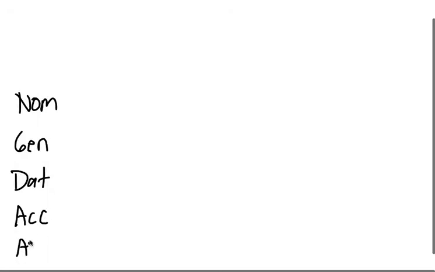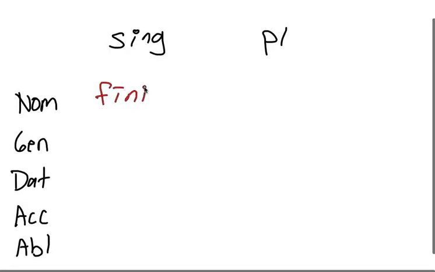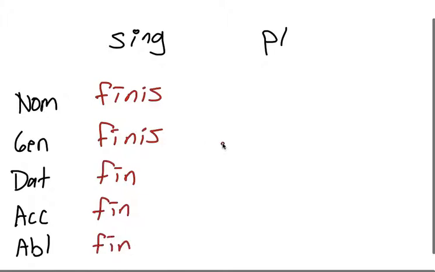Okay, so let's set up a declension chart. I'm just going to abbreviate the cases: nominative, genitive, dative, accusative, and ablative. And we'll have singular and plural. Let's use the word finis as our noun. So it's finis, finis, and if we take the base, then it's fin-, which in many languages is the word for end.